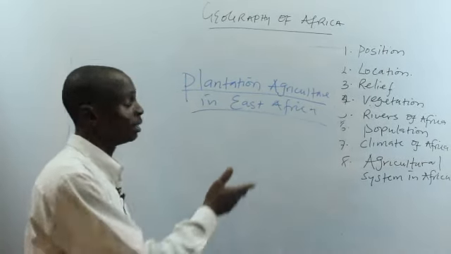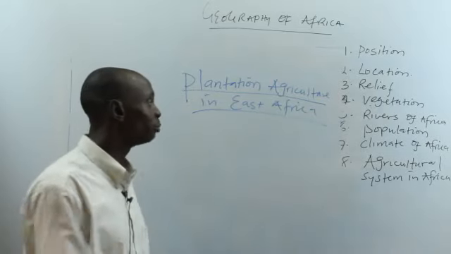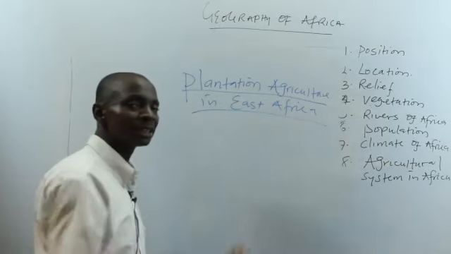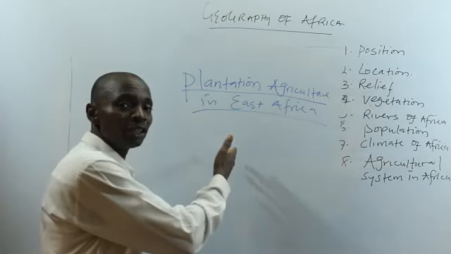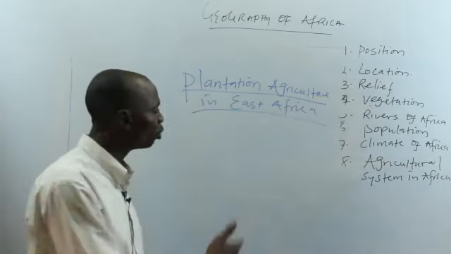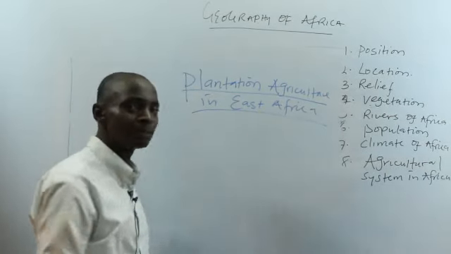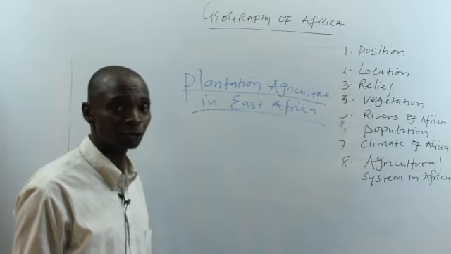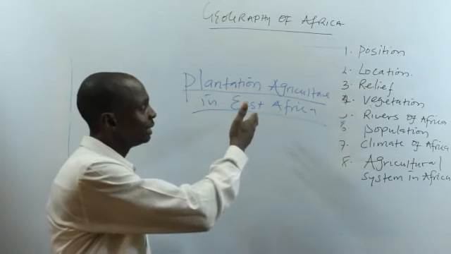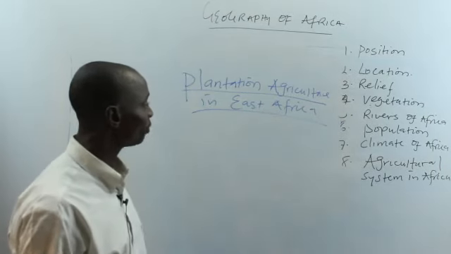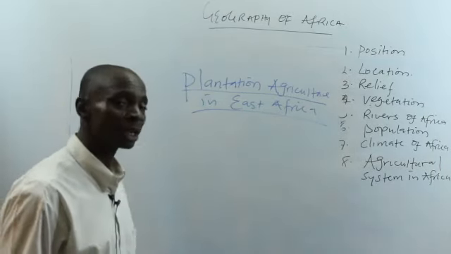It can be a rubber plantation, it can be a cocoa plantation, it can be a palm plantation, it can even be a tobacco plantation, and so on and so forth. So this type of agriculture is practiced in West Africa too. It is also practiced in East Africa, like Kenya.